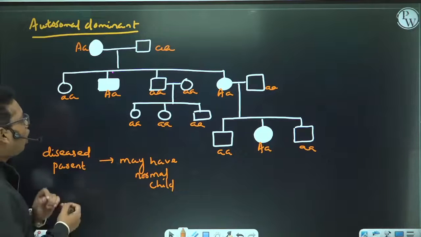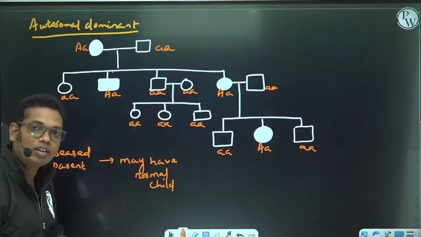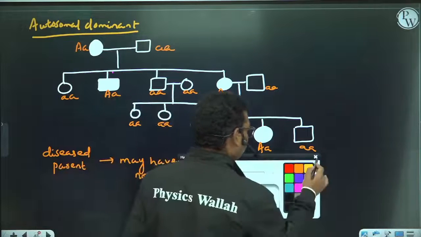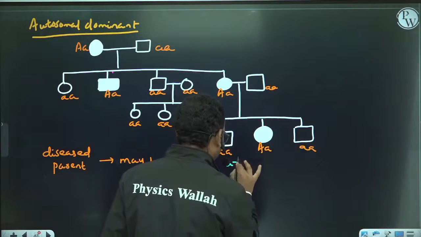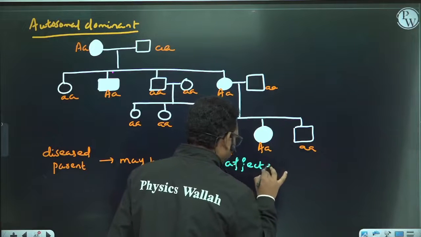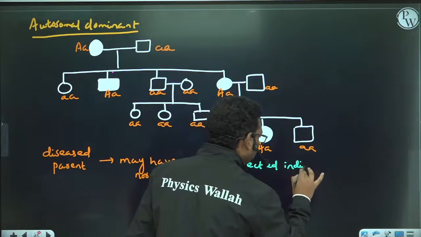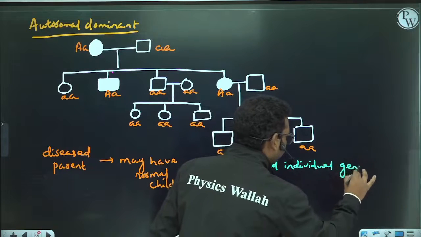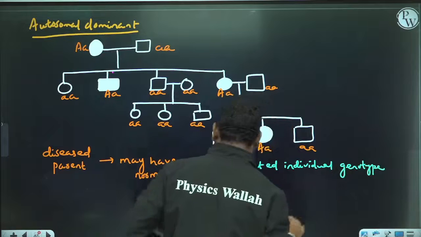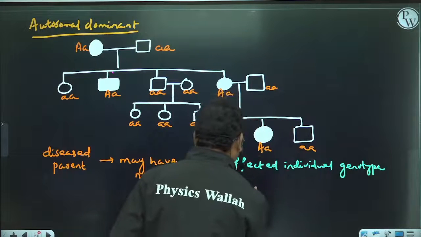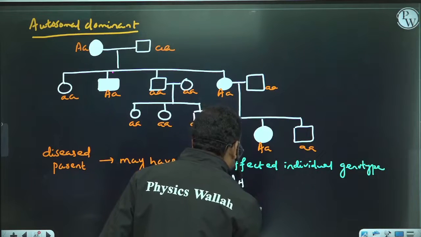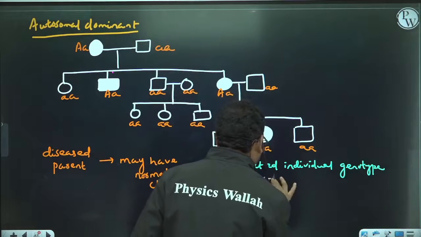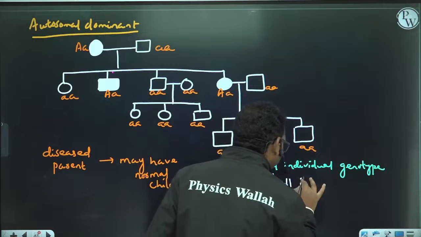And how to find out the genotype of the affected individual? The genotype of the affected individual can be capital A, or it can be capital A, small a.